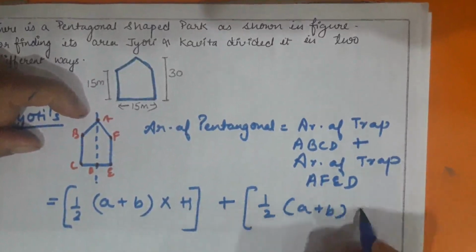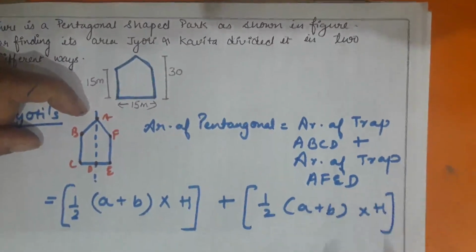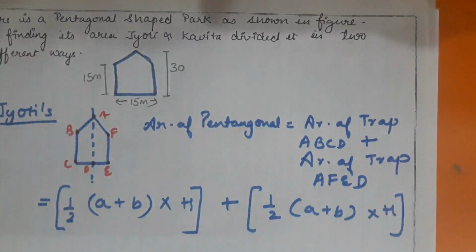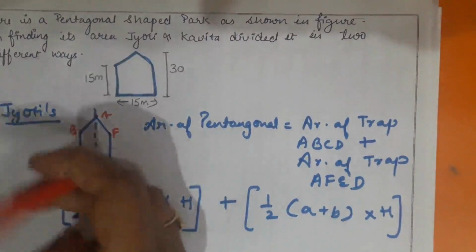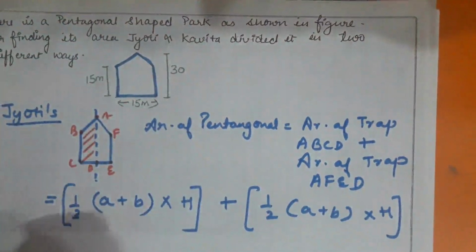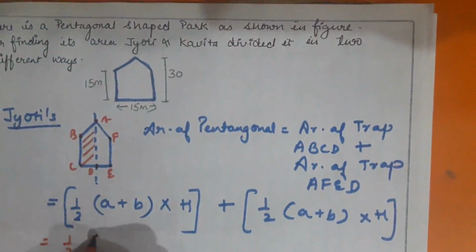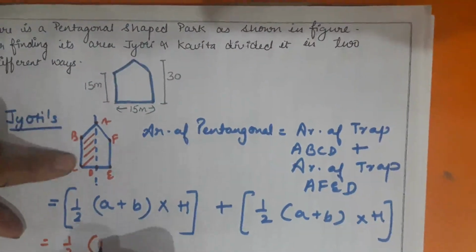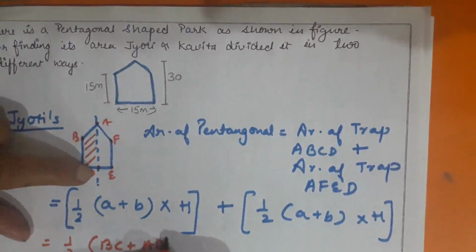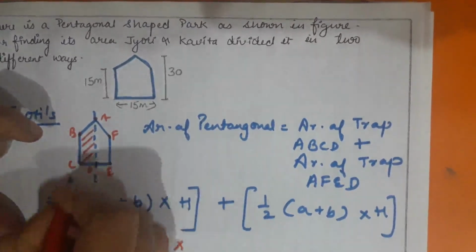The formula will be the same, but I'm writing it two times because we are representing two trapeziums. If we look at this trapezium, then a will be BC and b will be AD and height will be this CD.